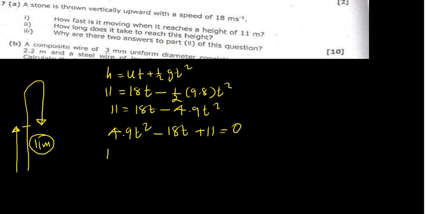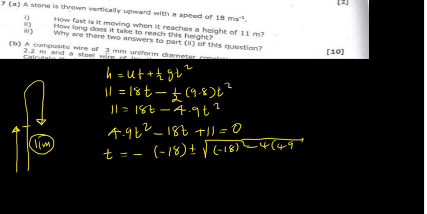Using the quadratic formula, t is equal to negative b, which is negative 18, plus or minus the square root of b squared. B is still negative 18, squared, minus 4, a is 4.9, and then c is 11, divided by 2a, a is 4.9.